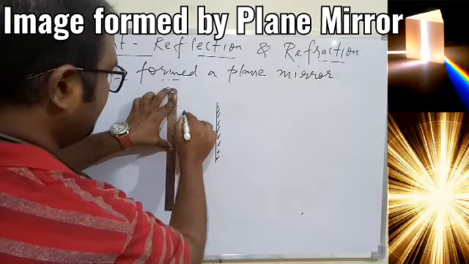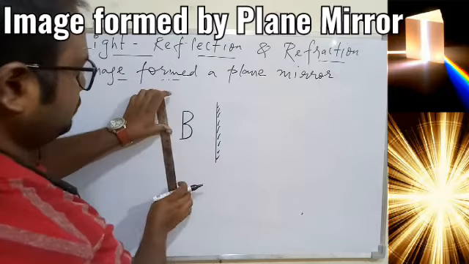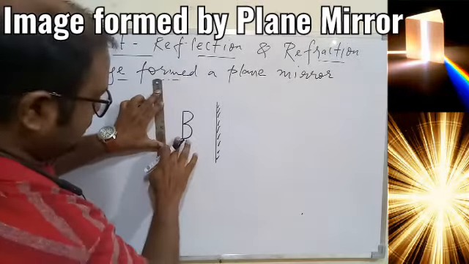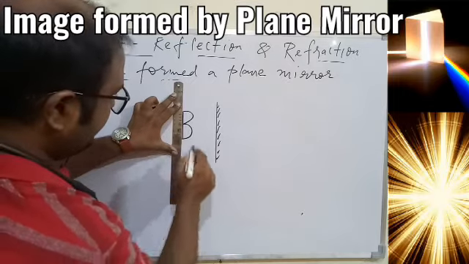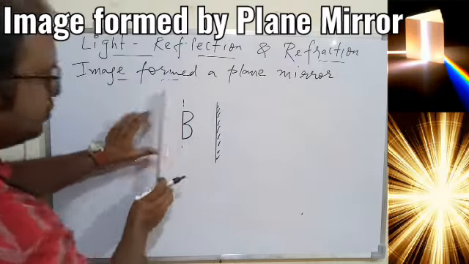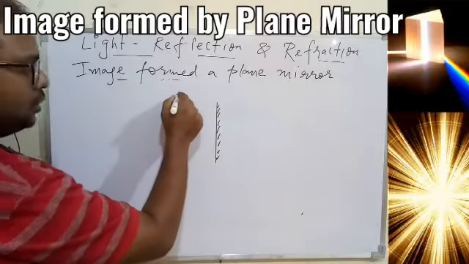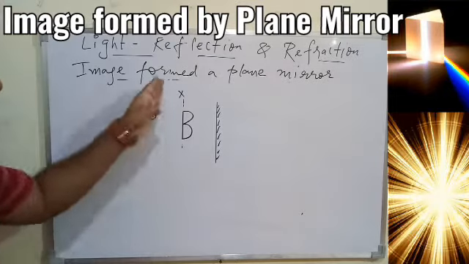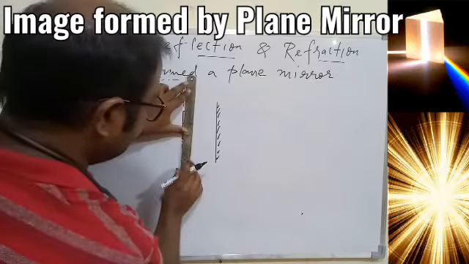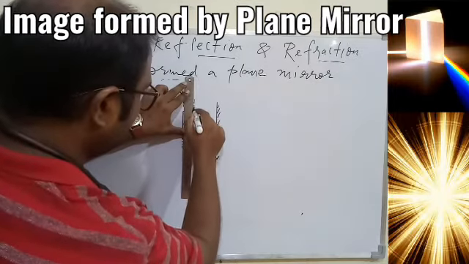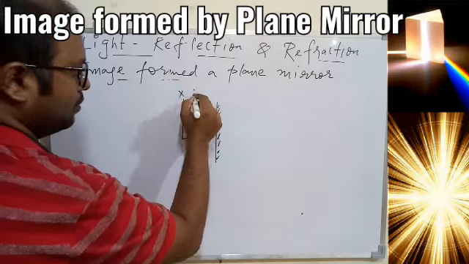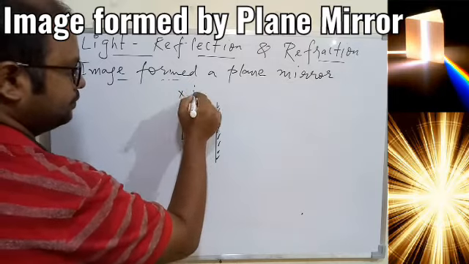So I'm writing B now. Okay, so now just imagine for me this is one of the objects. So the dotted line I am showing here is part of the B. Let this be your X, that's the first line of the B. Okay, and let this one be another point which for me is Y.